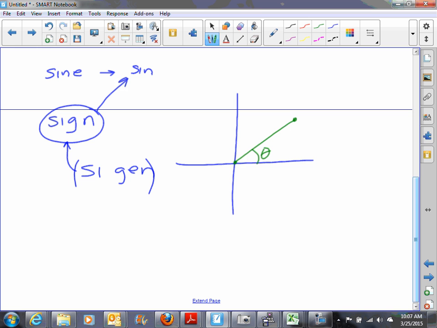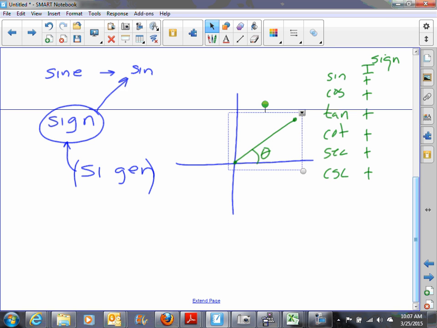Now the Sigyn of the sine, cosine, tan, cotan, secant, cosecant, in the first quadrant, they're all positive because x, y, and r are all positive. Now, in the second quadrant, let's see if I can get this over to the second quadrant somehow.